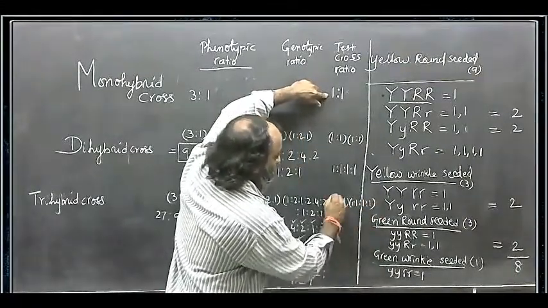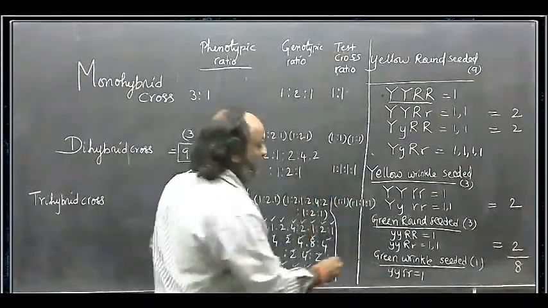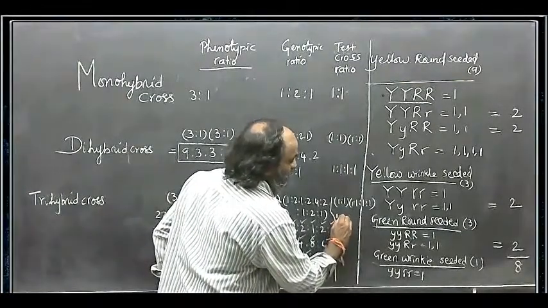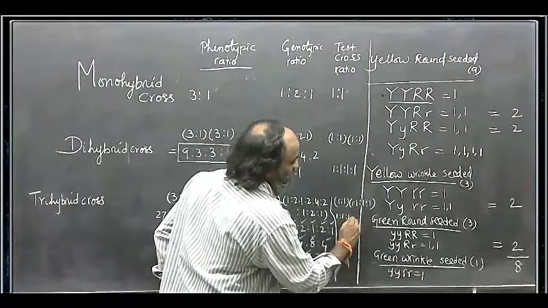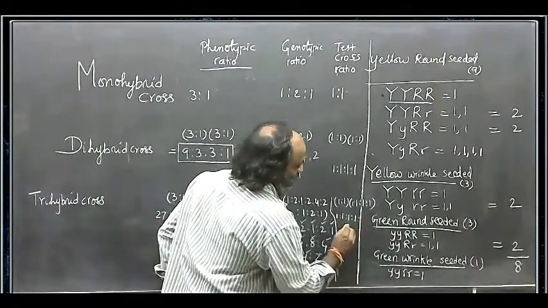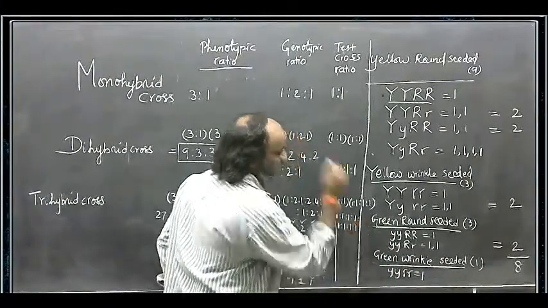You are going to get the trihybrid test cross ratio as 1:1:1:1:1:1:1:1.